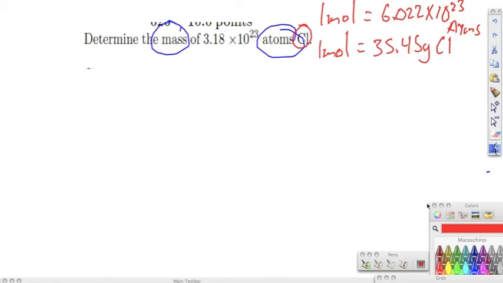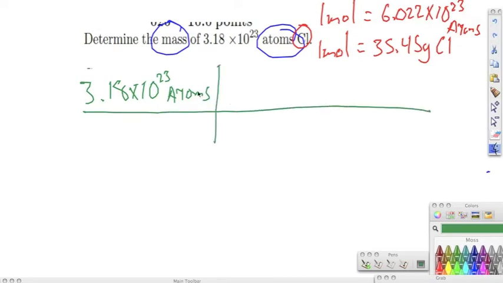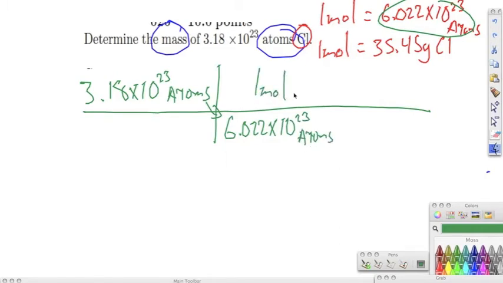So all we got to do is set up our problem. We take our 3.18 times 10 to the 23rd atoms on the top. And these have to match, so we put atoms on the bottom, the 6.022 times 10 to the 23rd atoms equals 1 mole.